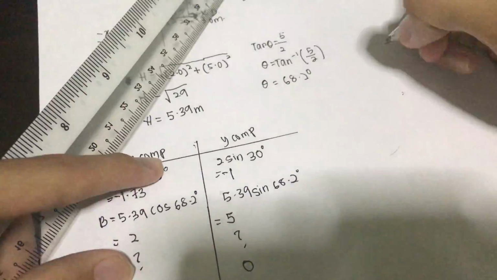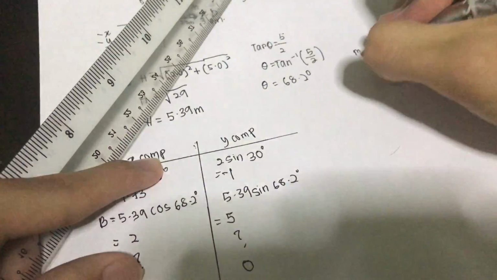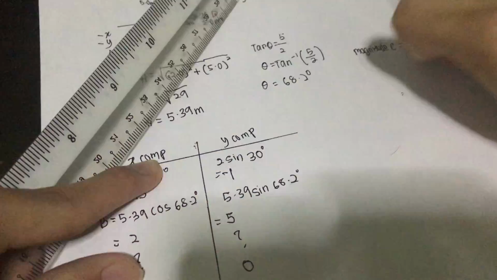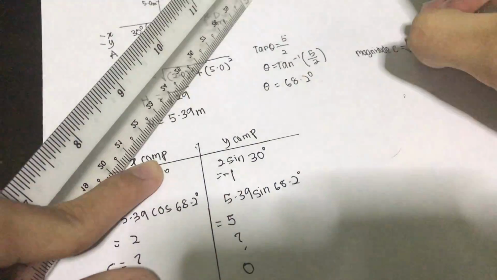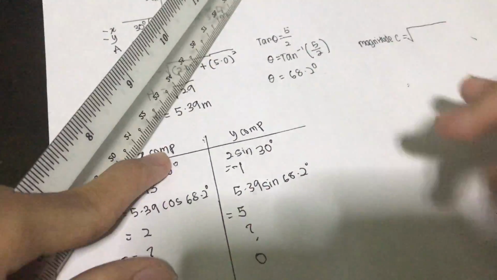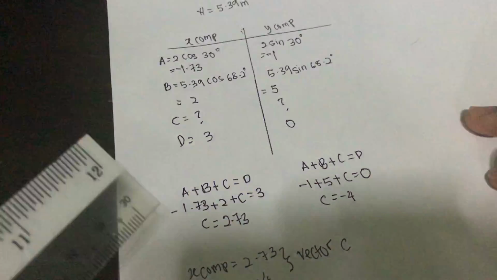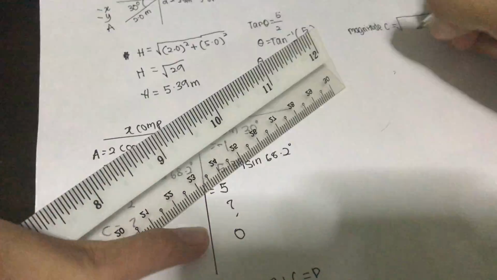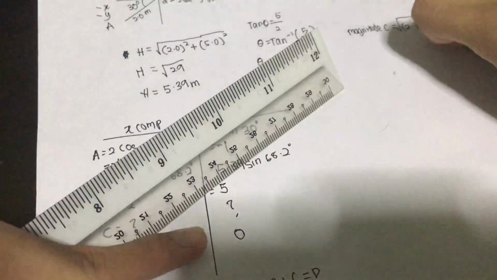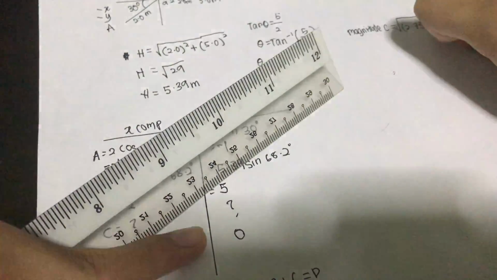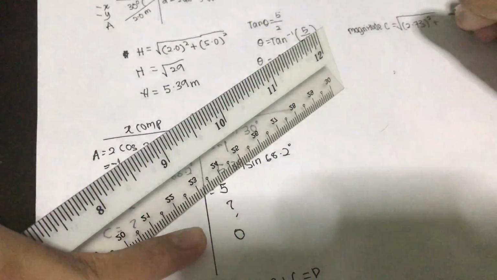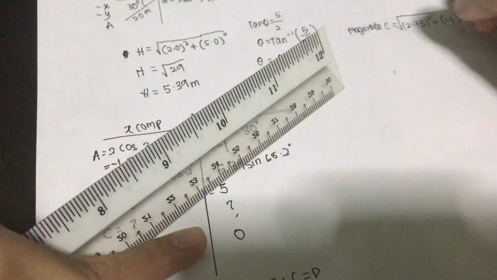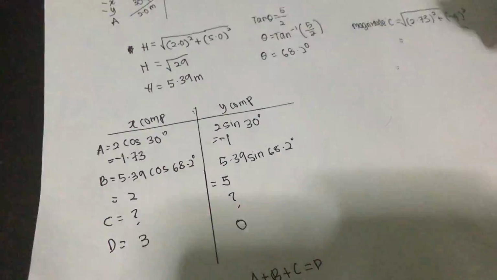So magnitude C equals the square root, and for C we get 2.73 for the x component, so 2.73 squared plus negative 4 squared.